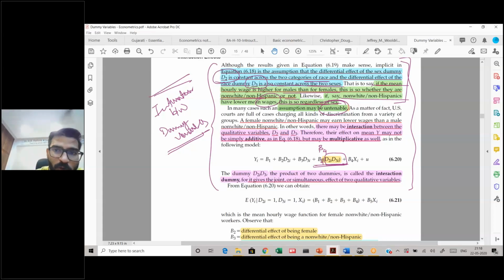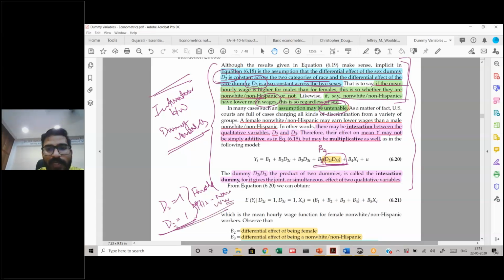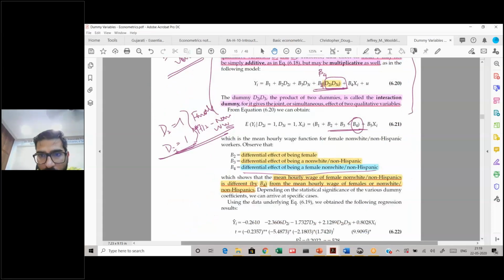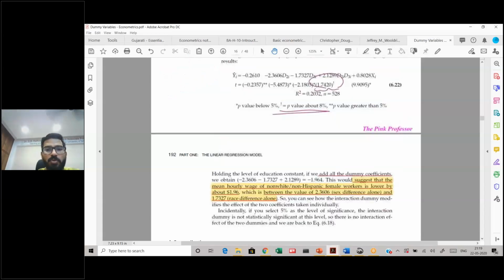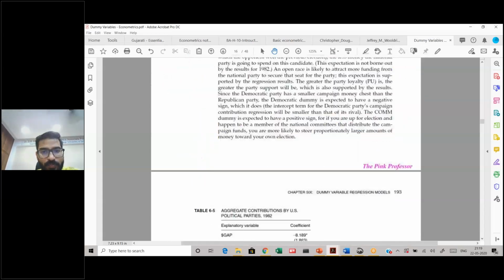We will have B4 only when D2 is equal to 1 and D3 is equal to 1, which is the case where we are talking about a female from the non-Hispanic, non-white community. That is the difference if we add this: the differential effect of being a female, non-white, non-Hispanic. And if we see that this is coming out pretty significant, not very significant, around significant at the 8% level. So please go through this example.